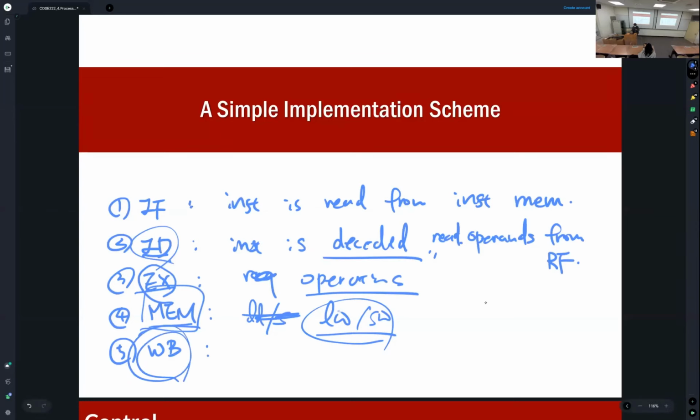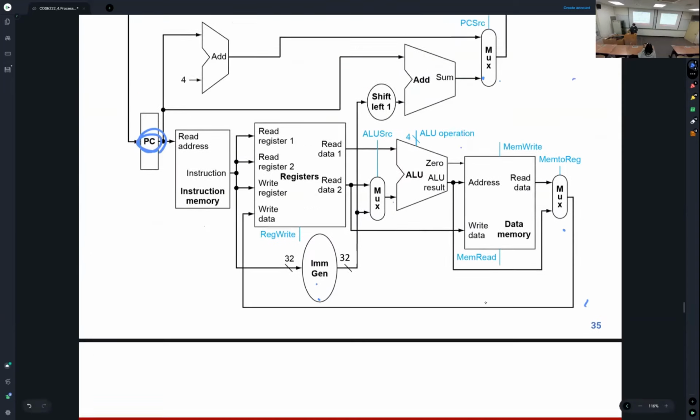And write back. Write back means that for many instructions, the result should be written back to the register file, right? So write back equals the write back of a result to the register file. Okay. So these are the 5 steps done by a single cycle processor.